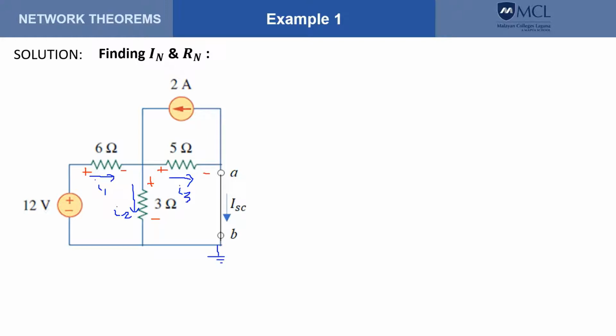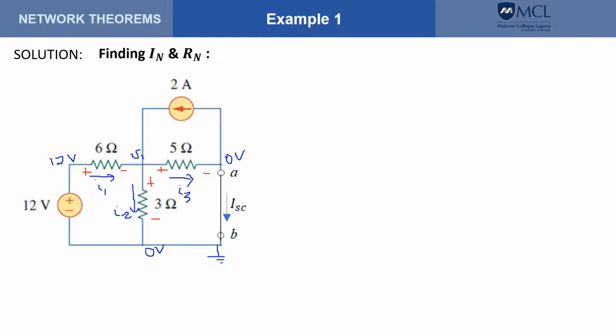Let's label this as our node V sub 1. There are no more nodes that we can label. This one is 12 volts, and this is 0 volts because this is also part of the ground node. This is also 0 volts here.